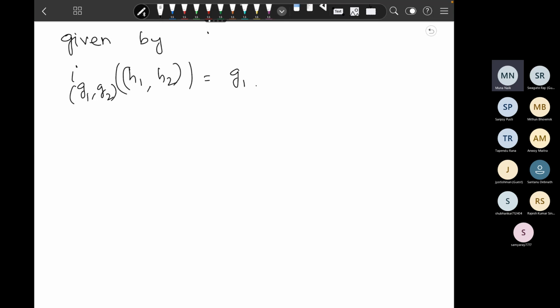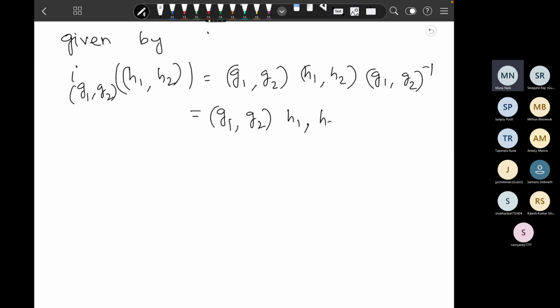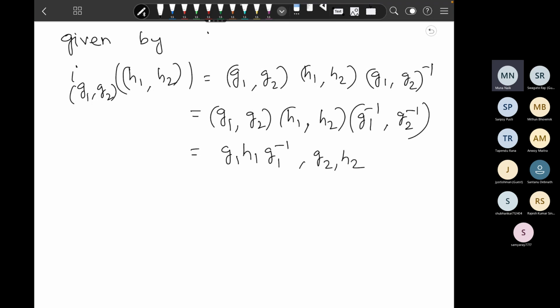So this is really (G1, G2)(H1, H2)(G1, G2) inverse. So this is really (G1, G2)(H1, H2)(G1 inverse, G2 inverse). So this is G1 H1 G1 inverse, G2 H2 G2 inverse. So that means this is I_G1 of H1, I_G2 of H2.